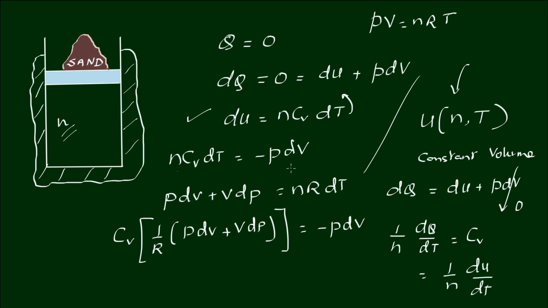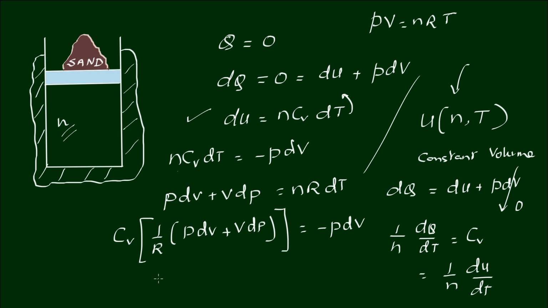By the way, where did this minus sign come from? I took dU and took P dV to the other side. So dU is n Cv dT and P dV becomes minus P dV. Right. So let's put all the P dV terms and the V dP terms together.